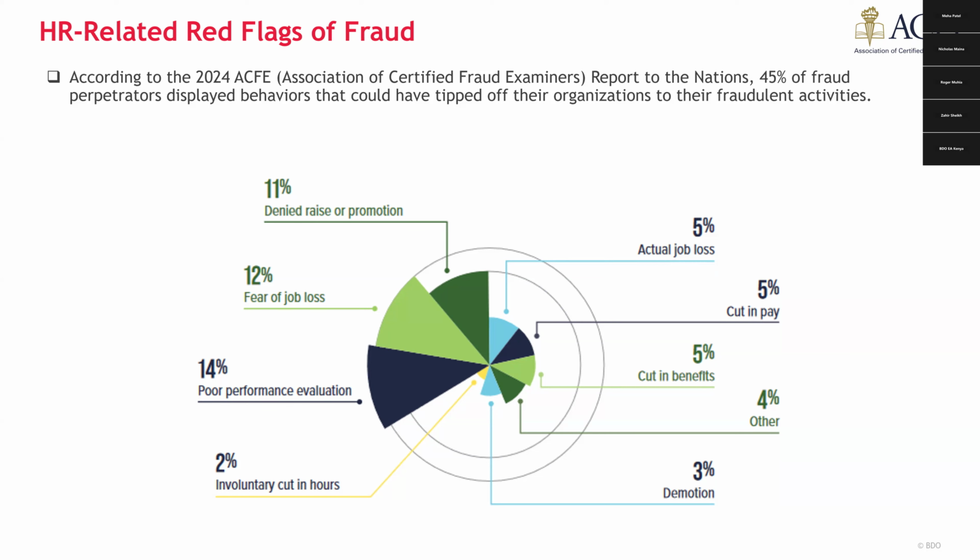One of the red flags that we look at is poor performance evaluation. We find that employees who consistently receive negative feedback might feel targeted or alienated, and this could drive them to engage in fraudulent activities, as a form of retaliation or to compensate for perceived unfair treatment.